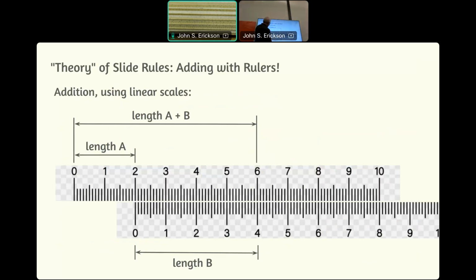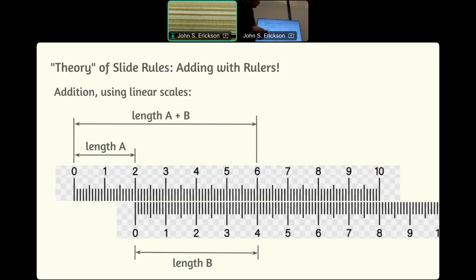We slide them together, we say 2 plus 4, and then we read off 6. I know when I was a kid, probably in 5th grade math, we played with adding using just rulers like this.